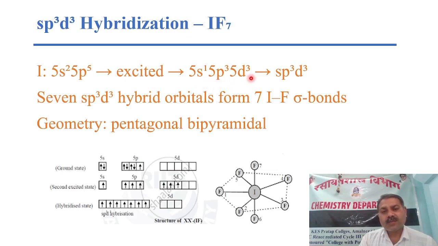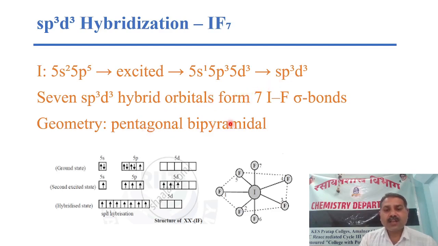So the electronic configuration in the excited state will be 5s1 5p3 5d3. So the resultant hybridization will be sp3d3. So 7 hybrid orbitals are involved in this hybridization. Hence 7 iodine-fluorine sigma bonds are formed as a result of sp3d3 overlapping with p orbitals of fluorine atoms.